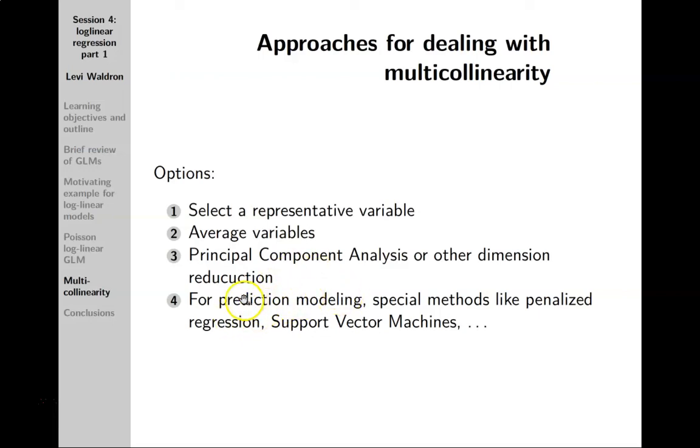And if you're doing prediction modeling, there are various methods that are developed to, among other things, deal with collinearity. Penalized regression, such as lasso and ridge regression, fall into this category. They are able to handle multicollinearity well, as do other exotic machine learning methods like support vector machines.